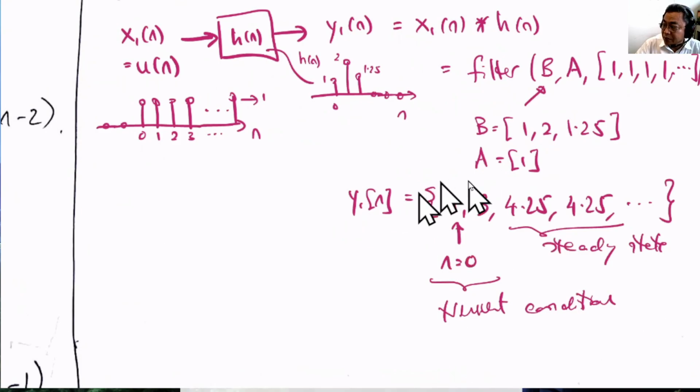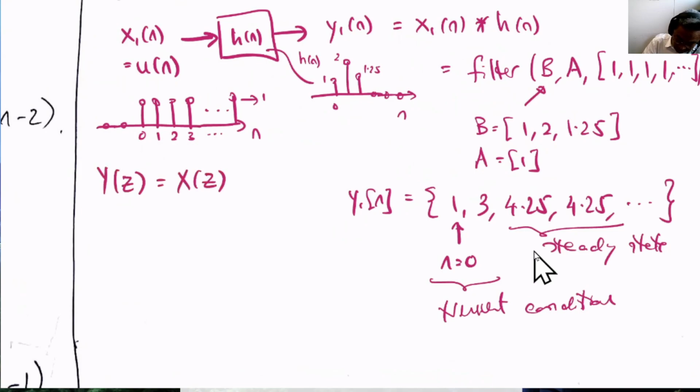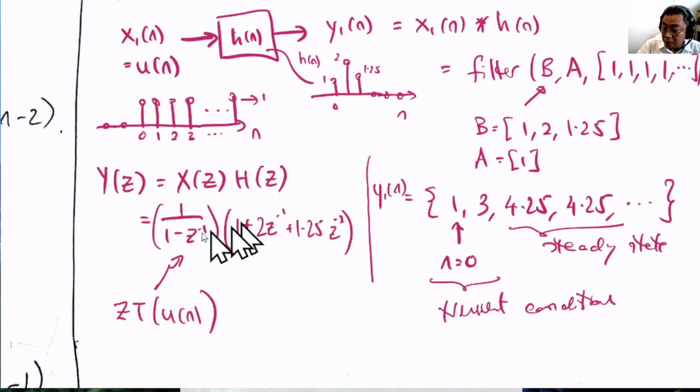Now if you're wondering how we can get this through the Z transform, basically you should try this. Y(z) equals X(z) H(z), and then you'll get the expression. You write the Z transform of the unit step, which is 1 over 1 minus z^-1, and the Z transform H(z), which we had just now, and then you calculate this polynomial of z^-1, which is quite hard to find.